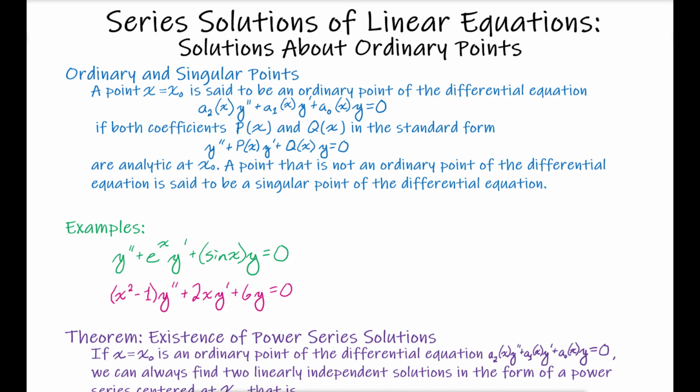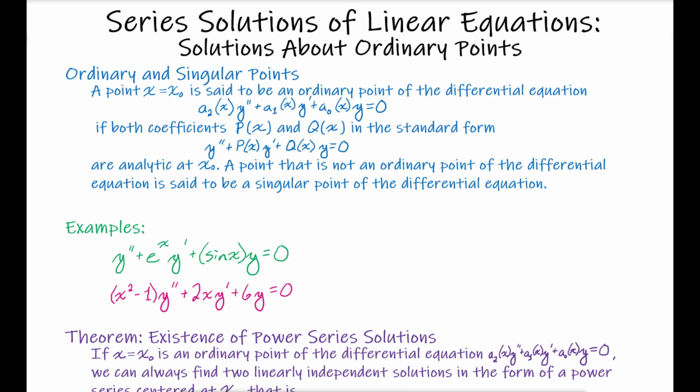Now, it might be difficult to decide which functions fit that definition or not. Another definition that is perhaps easier to wrap our minds around is that a function is analytic at a point if it is infinitely differentiable. That means we can take the first derivative, the second derivative, the third derivative, the 20th derivative, the 1000th derivative, and so on.